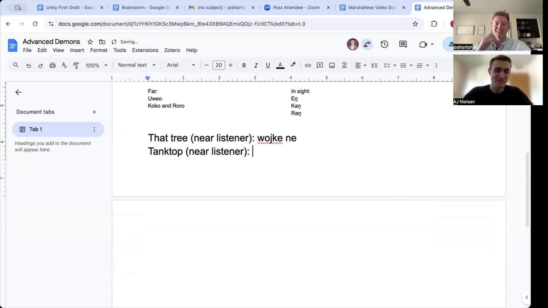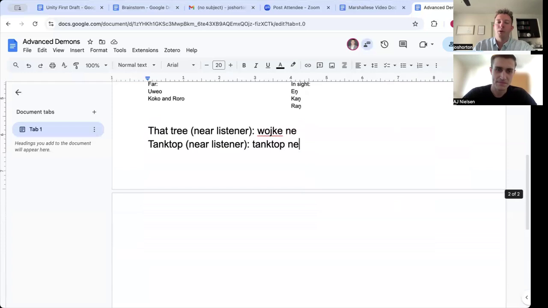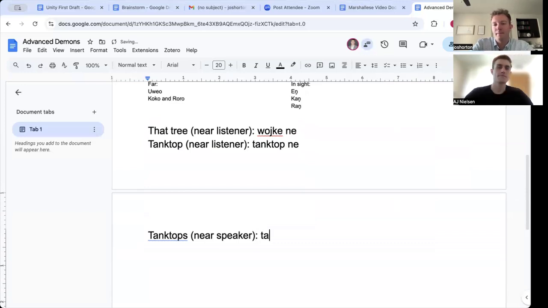So you can say tank top nay again, right? Because it's near the listener. Now, what if Phineas was talking about multiple tank tops, but they were near him, near the speaker? How would we say that? Think of that. Okay, hey, perfect.